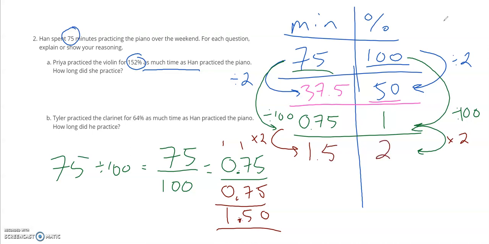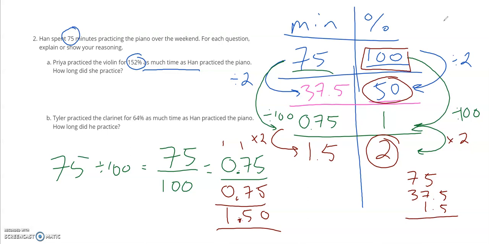So now we have 100%, which is 75. We have 50%, which is 37 and a half. And we have 2%, which is 1.5. And we want all of those, 152%.